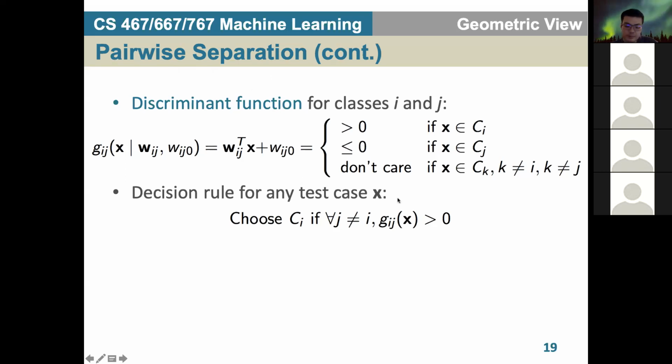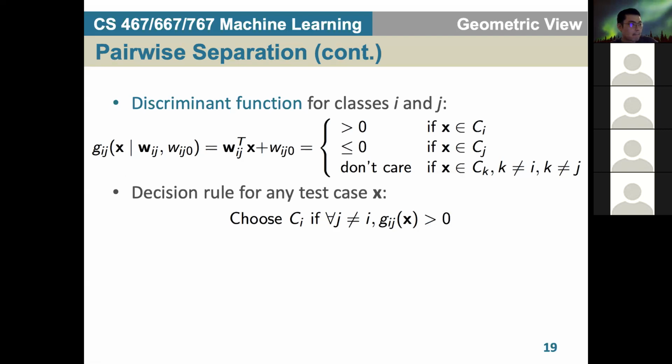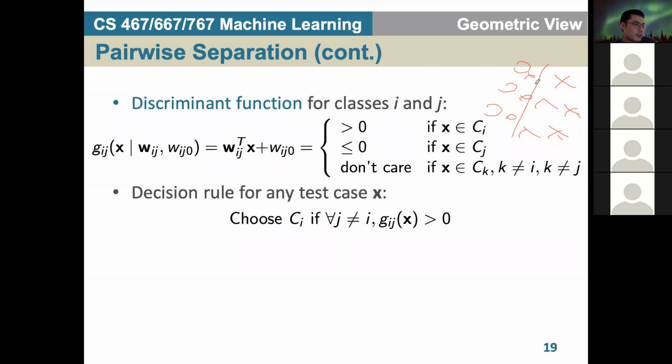Another case: assume your data points are actually linearly separable, but unfortunately, because of measurement error, some crosses are here, some circles here, with very small noise.